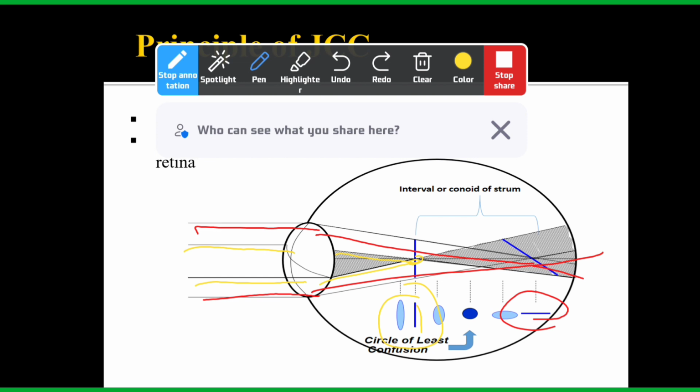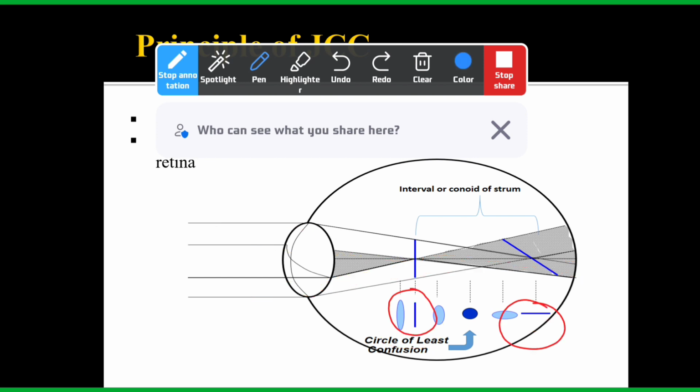So the horizontal line and vertical line are called the anterior focal plane and posterior focal plane, and in between them we have a circle of least confusion. We need to bring this circle of least confusion onto the retina by refraction and collapse Sturm's conoid by bringing the vertical line onto the horizontal line.